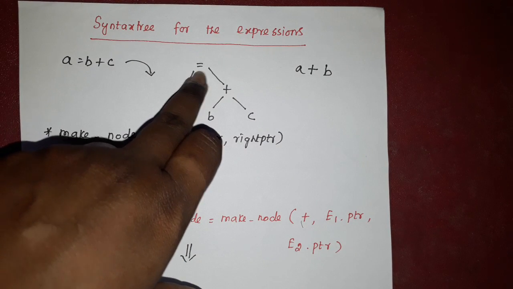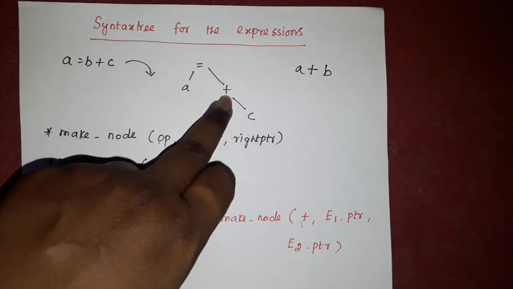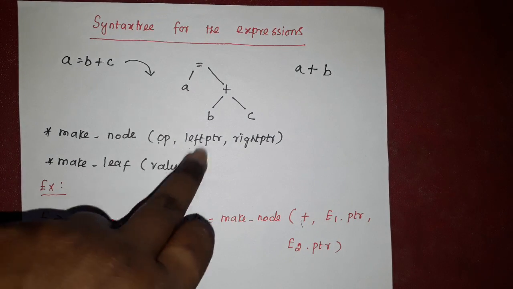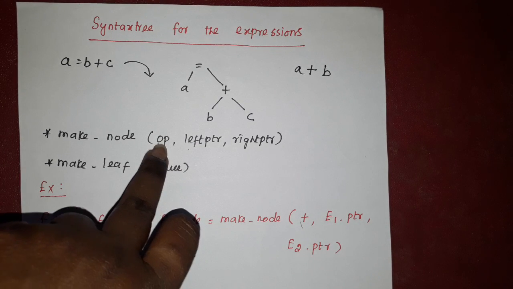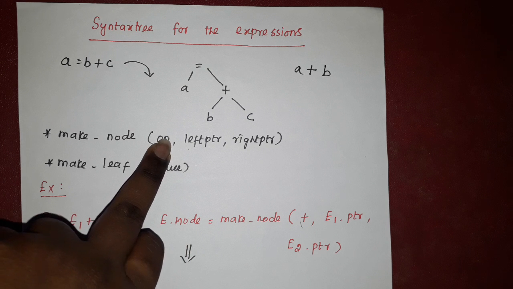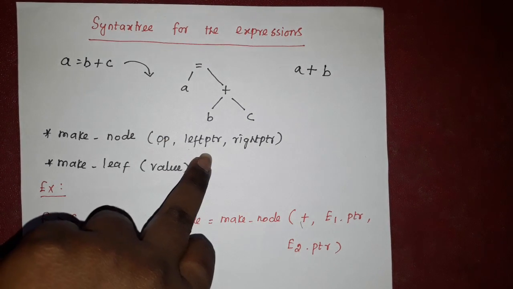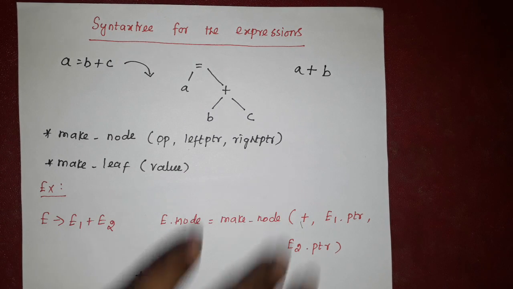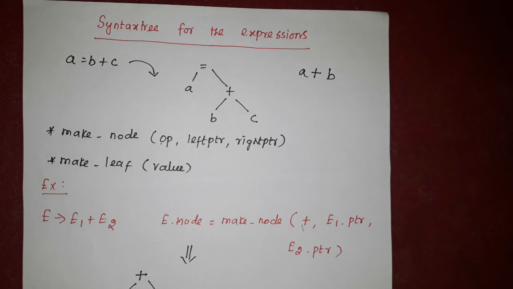This is the equal to operator, so it has a left pointer and a right pointer. A is the left pointer and plus is the right pointer. So every operator should have a left pointer and a right pointer. So a node consists of three elements. One is the operator. OP is nothing but the operator, not an operand. The left pointer is an operand and the right pointer is an operand, identifier, variable or attribute, anything. So we can construct the syntax tree by using these two functions.